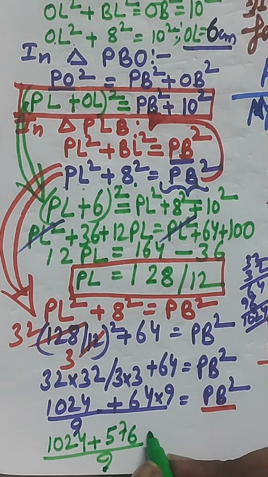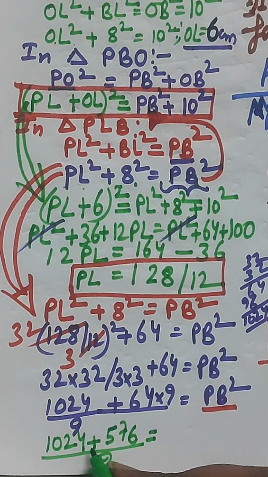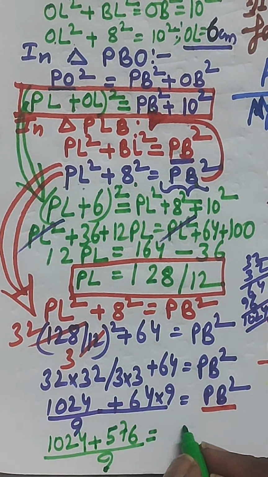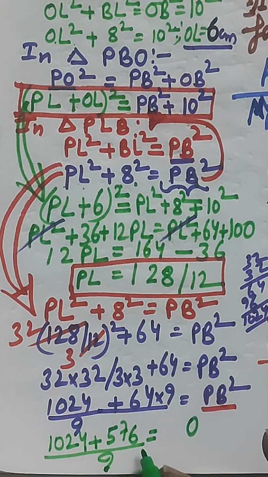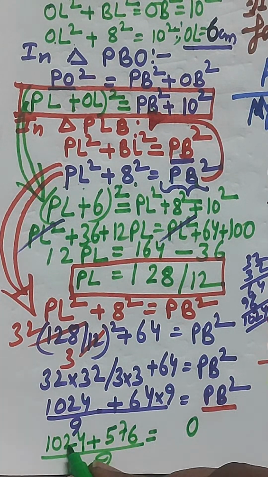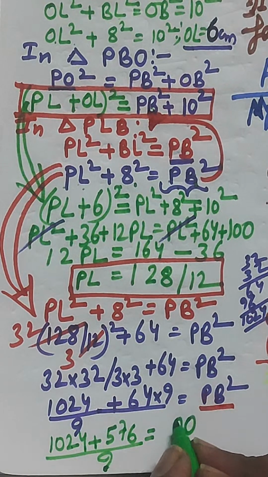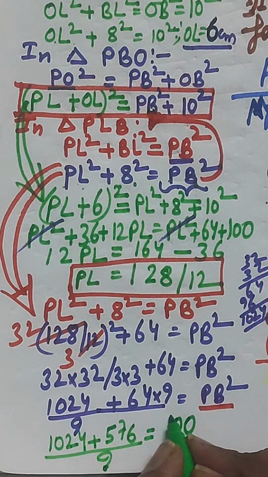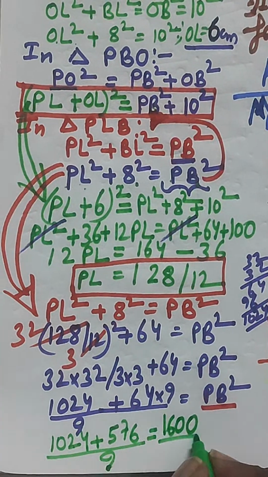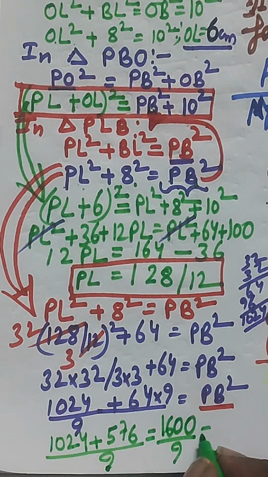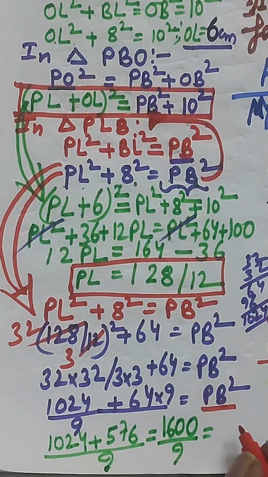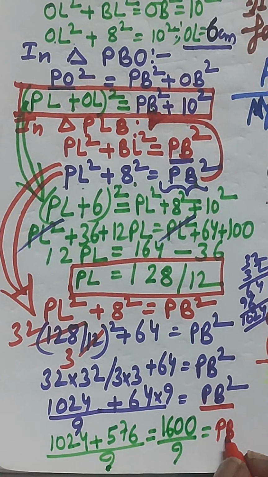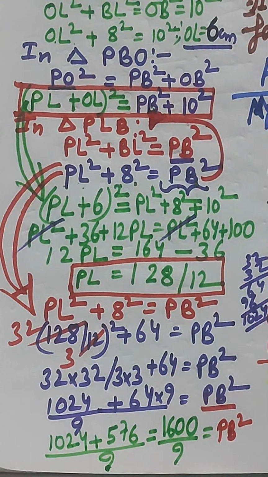So this will give you 1024 plus 576, which is 1600 by 9, and this is nothing but the value of PB square, right? So we are going to calculate the value of PB.